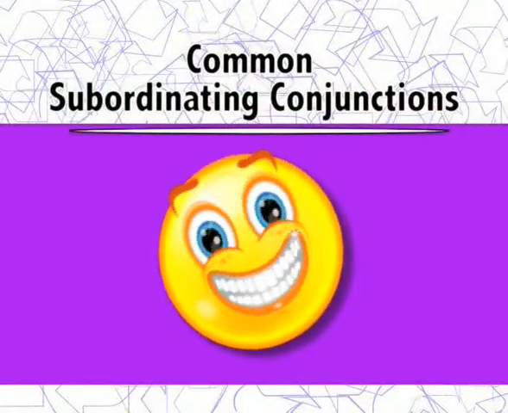Let's take a look at common subordinating conjunctions. After, although, as if, as long as, as though, because, before, even if, even though, if only, in order that, now that, once, rather than, since, so that, than, that, though, till, unless, until, when, whenever, where, whereas, wherever, and while.